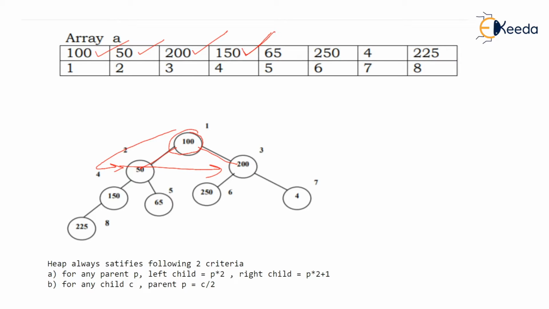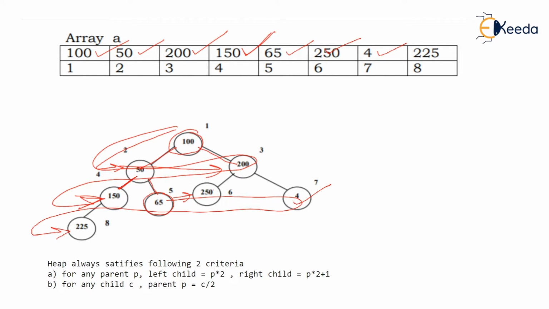If you go from left to right, this is the next vacant position, isn't it? So 150 becomes the left child of 50. Similarly, 65 becomes the right child of 50. Next, from left to right is 250, which is the sixth element. Then comes 4, the seventh element. And finally, the left child of 150 becomes 225.